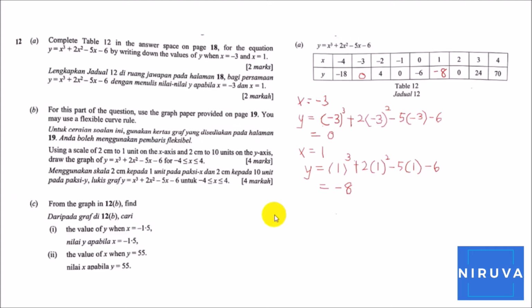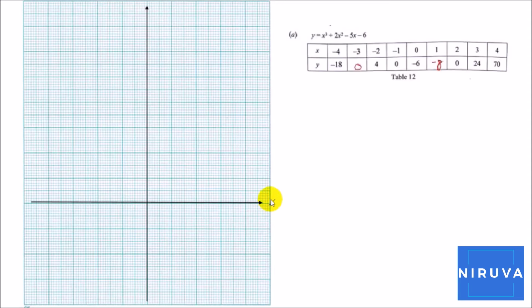Okay, so 2 cm to 1 unit for the x-axis and 2 cm to 10 units for the y-axis. So this is the x-axis and this is the y-axis. Here is 0, and then 2 cm to 1 on the x-axis.